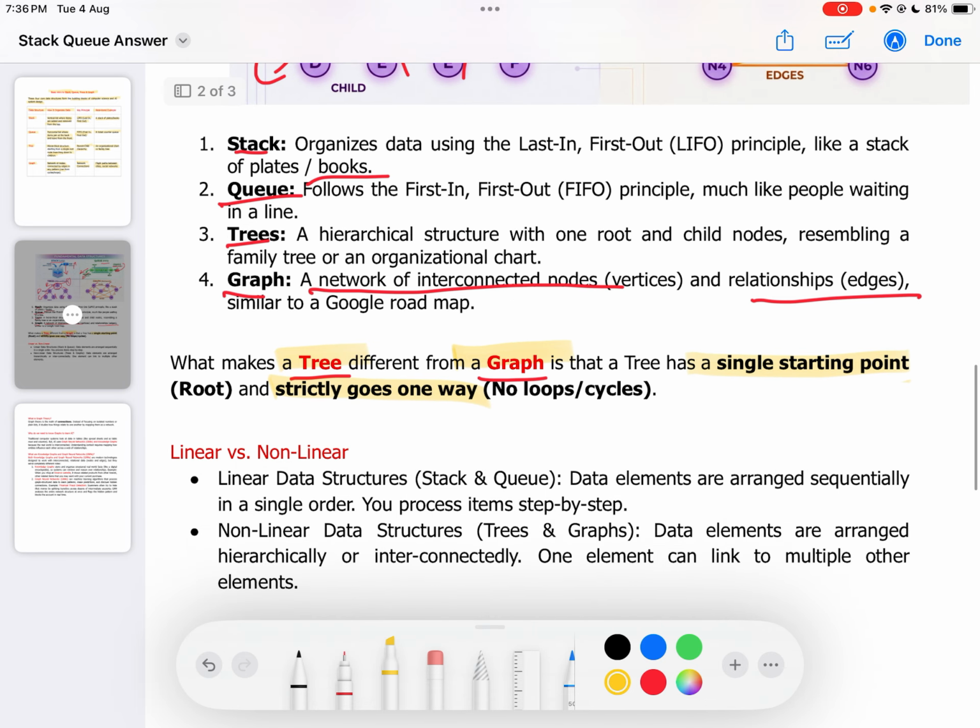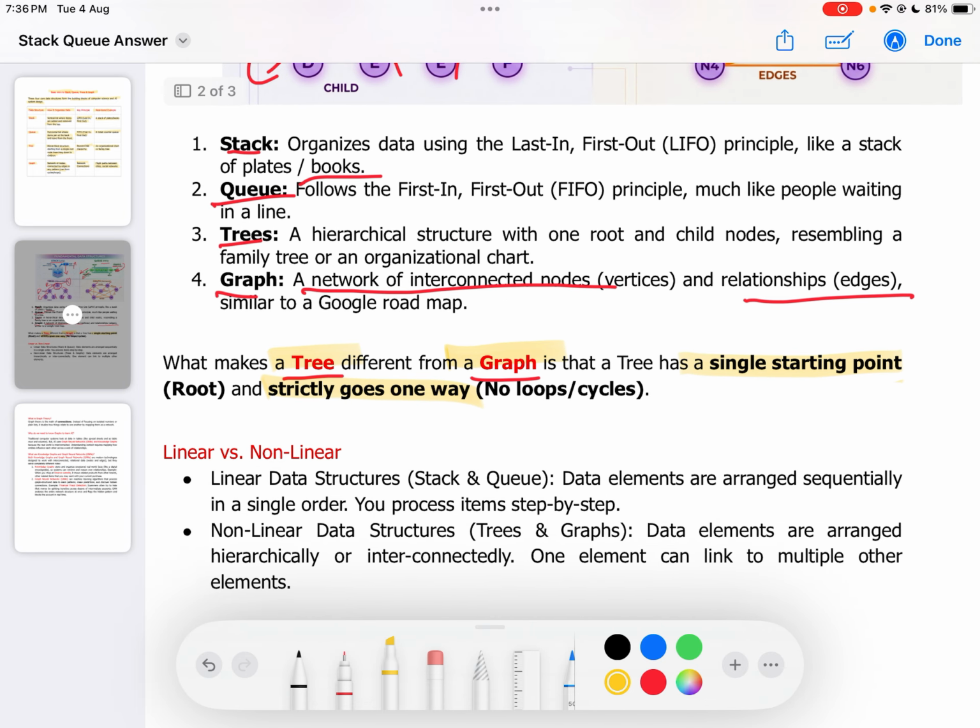Okay, so now we look at the next point: linear versus non-linear. Data structures are grouped into linear data structures and non-linear data structures. Examples of linear data structures are the first two, stack and queue. Data elements are arranged sequentially in a single order.